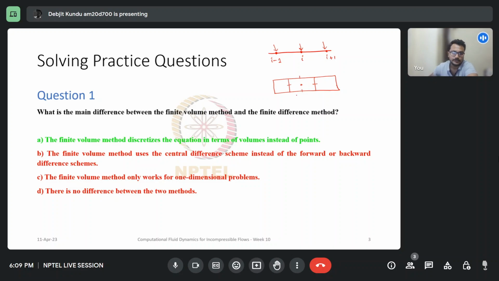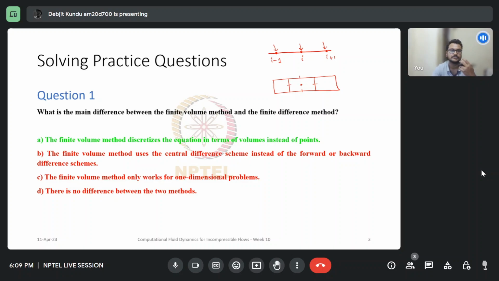Right. So another added benefit of this philosophy is that we try to conserve a certain quantity within each control volume. So even in these infinitesimally small control volumes, we try to conserve whatever physical quantity we are interested in. It could be mass when we are solving the continuity equation. It could be momentum while we are solving the Navier-Stokes equations.